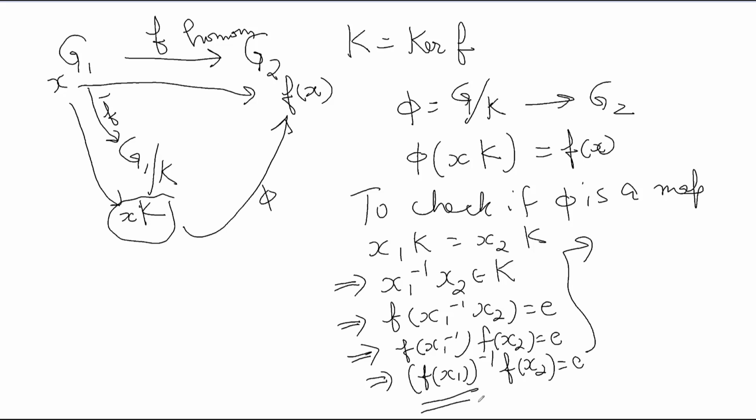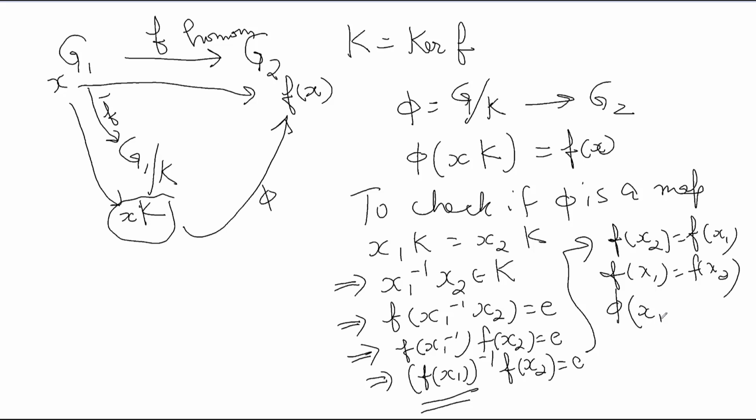Now multiply by f of x1 on both sides. What do you get? f of x2 is f of x1, or f of x1 is f of x2, okay? Which means phi of x1K is the same as phi of x2K.